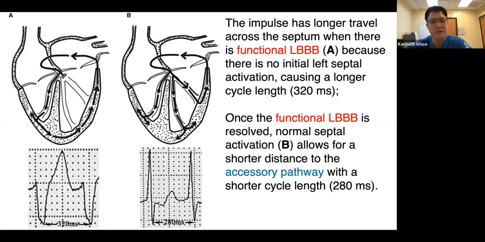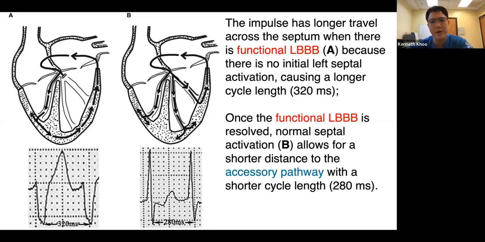And because of this functional left bundle branch block, when the antegrade conduction takes place via the septum, it has to make a detour and activate the right side first, subsequently travels across transseptally to engage the left-sided accessory pathway to establish the circuit. And because of this transseptal time, the broad complex tachycardia, or the one with the left bundle branch block morphology, has a longer tachycardia cycle length.